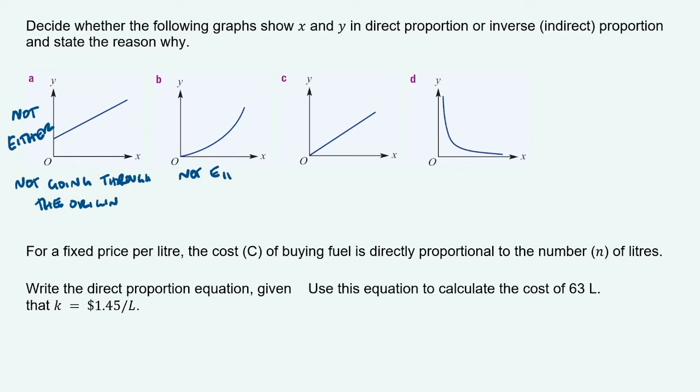So this one is not either as well. All right, it does go through the origin, but not a straight line. So it is not a straight line. So it doesn't meet that criteria, but it's also not inverse, despite it being one of those wonky ones, because it needs to go the other way.